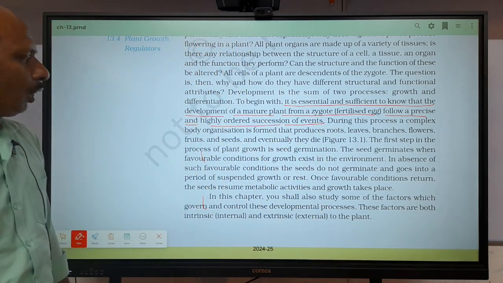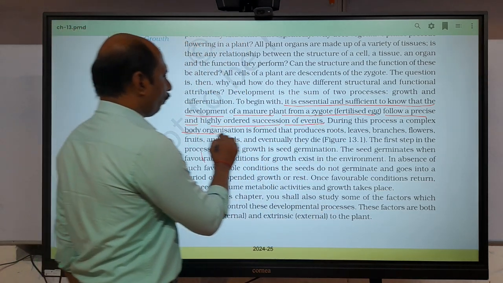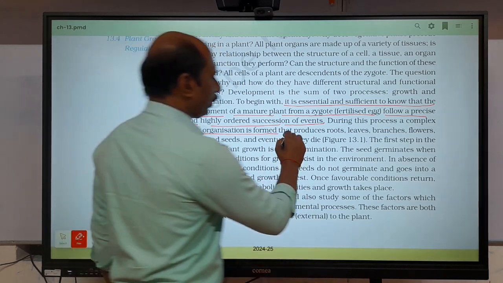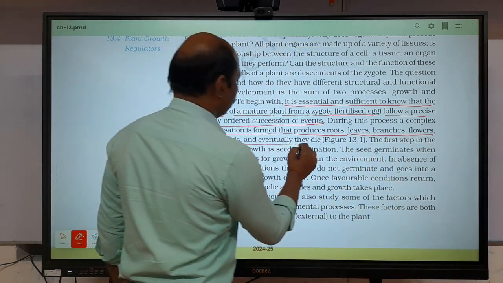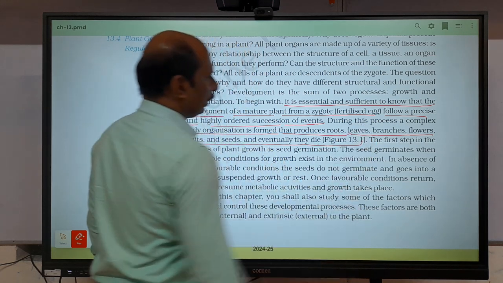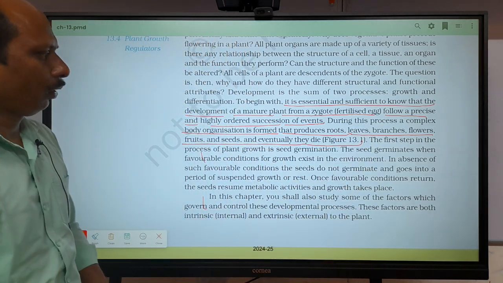During this process, complex body organization is formed that produces root, leaf, branch, flower, fruit, seeds, and eventually they die. This is the lifespan or life cycle.